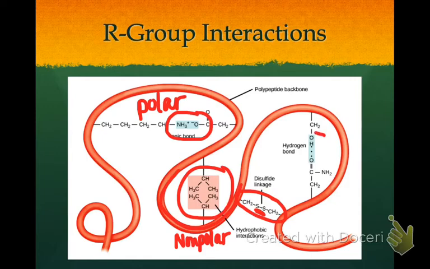And then we also have hydrogen bonds where you see we have an OH group on one R group and we have a carbonyl group on another, and they will form a hydrogen bond between the oxygen and the hydrogen of those 2 R groups. So that gives you a little visual of how these R groups will interact and where they'll be located in a chain. Nonpolar interior, polar exterior. The other linkages are just going to continue to fold the protein into its proper shape and give it the function that it's going to need.